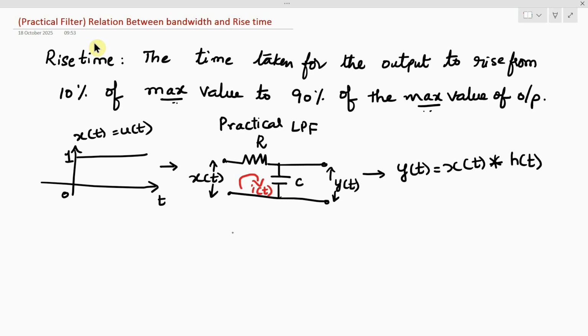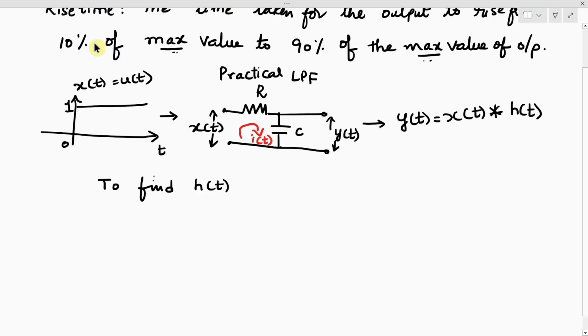Yes, this is all the recollection which we have already seen in the last class. Now, what did we do next? h of t calculation. To find the output y of t, we have to find h of t first, because you already know the input x. So finding h of t is the first objective. To find h of t, we apply KVL for the input loop.